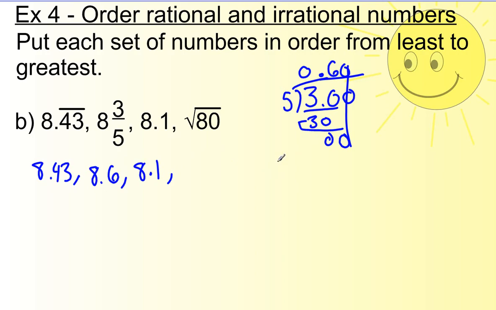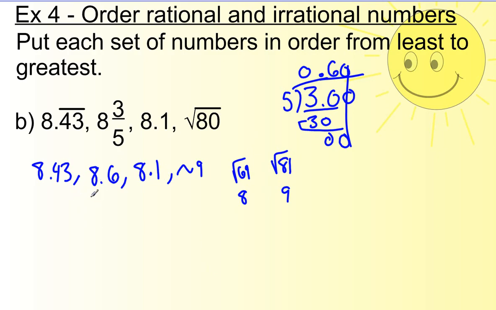The numbers around square root of 80: 81's the first one in my head. That's bigger, so that's 9. So smaller would be 8, square root of 64. This number is almost 9. It's just about there. So I'm going to put about 9. And then we just finished the problem.